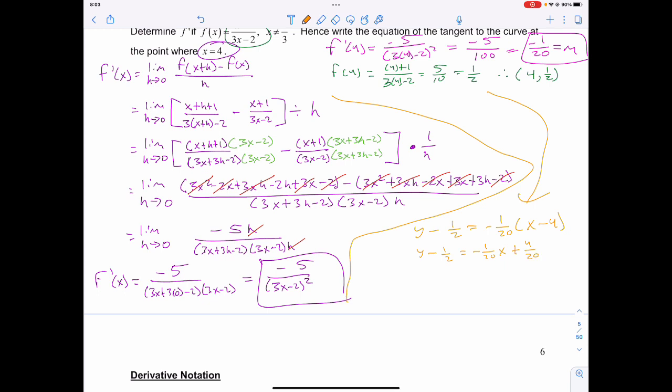I'm going to multiply everything by 20 and get 20y minus 10 is equal to -x plus 4. And I'm going to move everything to left and state that I have x plus 20y minus 14 is equal to 0. And there is my equation.